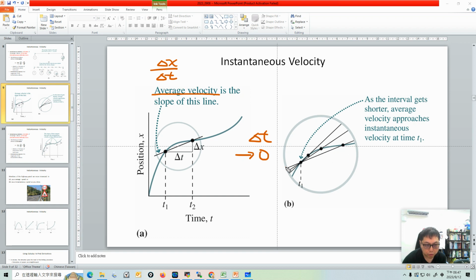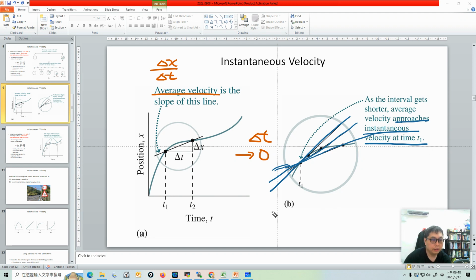The first one is here, just like on the left hand side, and then we shorten the delta t. The second one is here, and for the third one we keep shortening delta t. As the time interval gets shorter, the average velocity approaches the instantaneous velocity at t1.